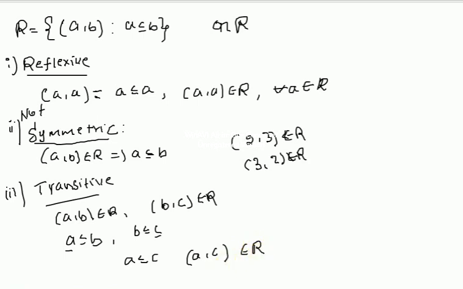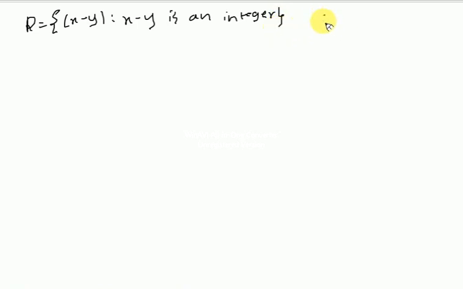Similarly, we may have one problem like R = {(x, y) : x − y is an integer} on Z. First of all, for reflexive you need to consider (x, x).